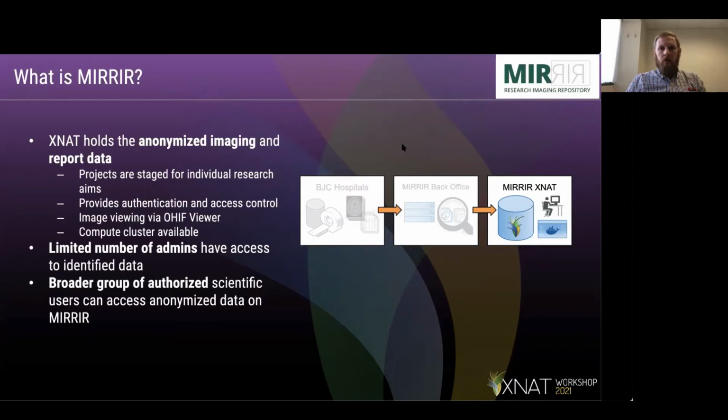We also send along the radiology reports so that they can be used alongside the imaging. We use the OHIF viewer pretty extensively in our project. And we also have a compute cluster available to us. It's a Docker swarm that we're utilizing at this point that has some GPUs.